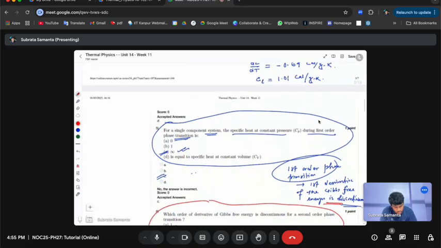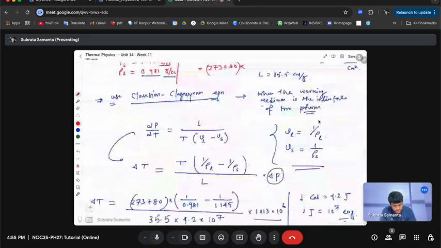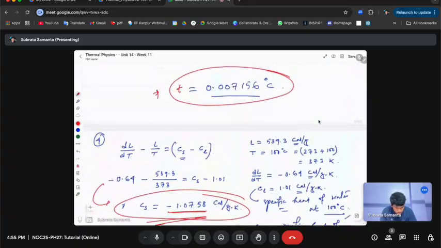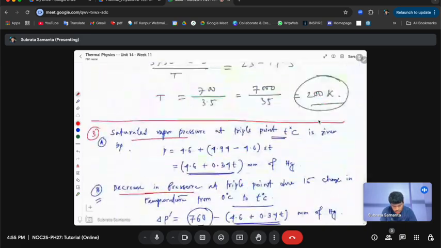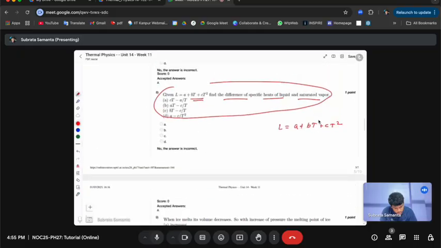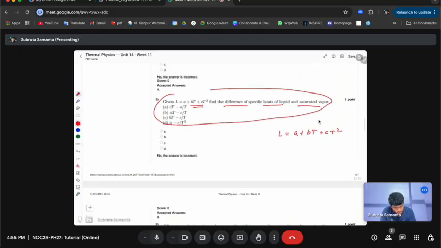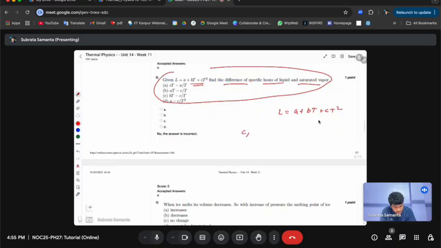In this problem we calculate the specific heat of saturated vapor, so it's like problem number 4. We use this to calculate the difference of specific heats of liquid and saturated vapor, so Cl minus Cs.